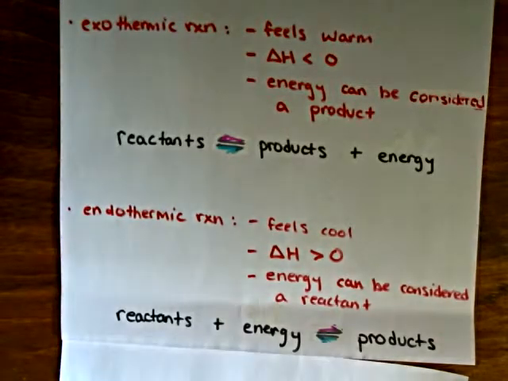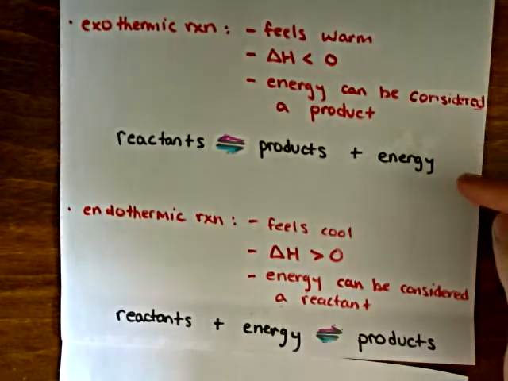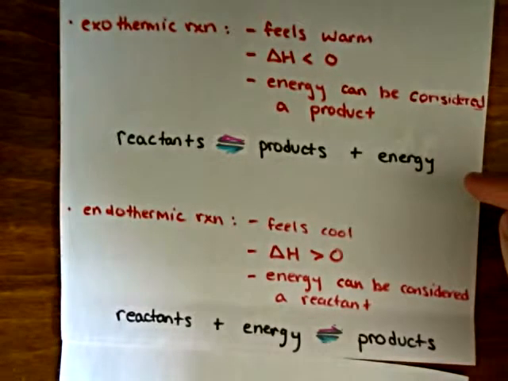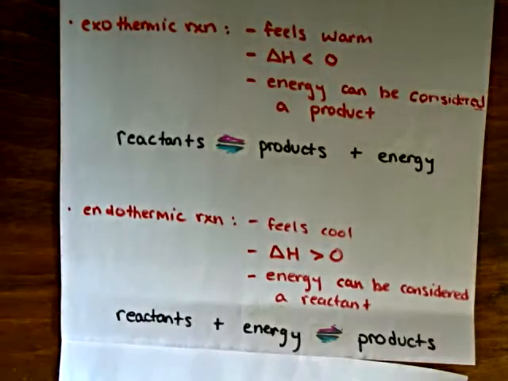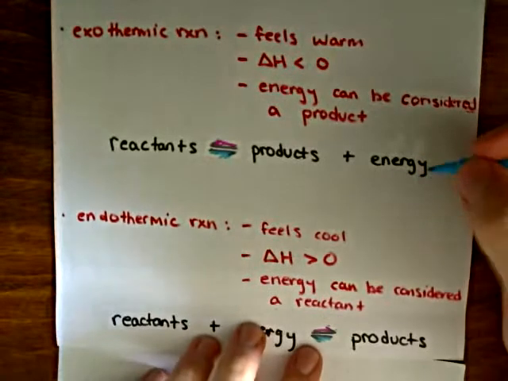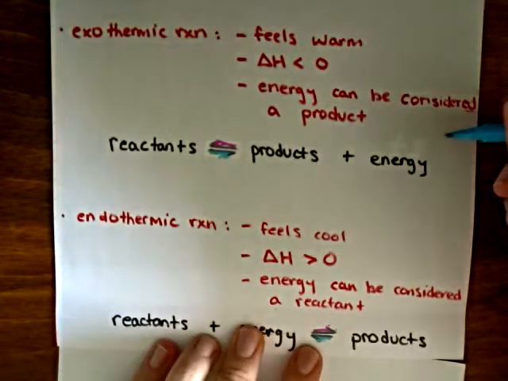So if we have an exothermic reaction, and we're cooling it down, this is what I do. If we have an exothermic reaction and we cool it down, I think of it as removing energy.